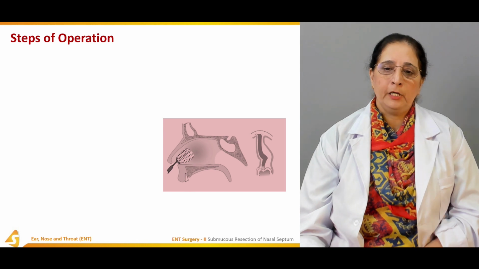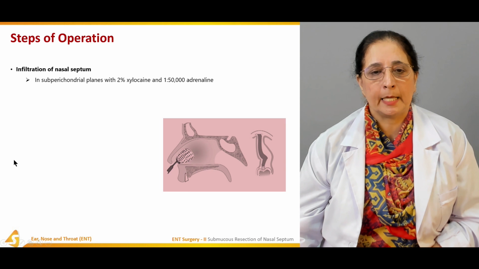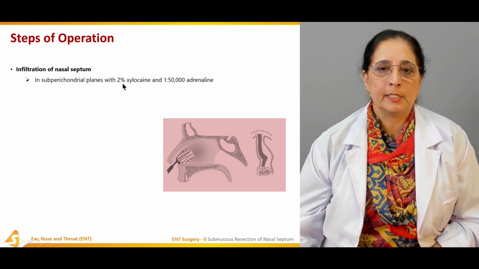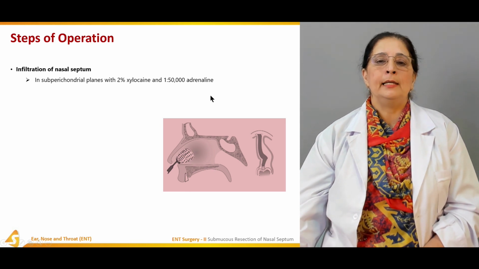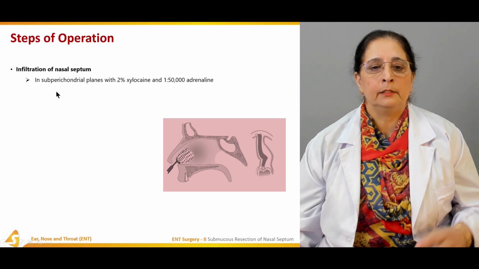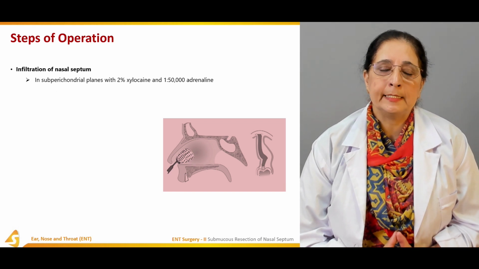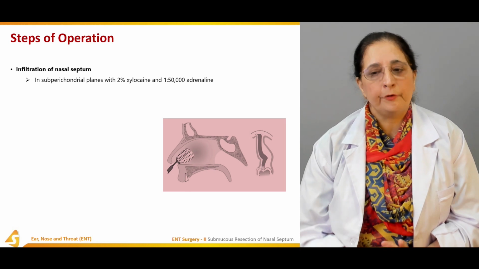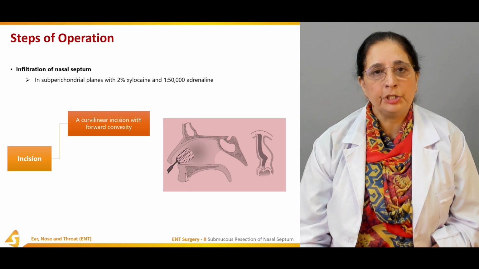The steps of the operation: infiltration of the nasal septum in subperichondrial planes with 2% xylocaine and 1:50,000 adrenaline. So that's the infiltration of the nasal septum for local anesthesia; xylocaine is used along with adrenaline. Incision: what type of incision is used?